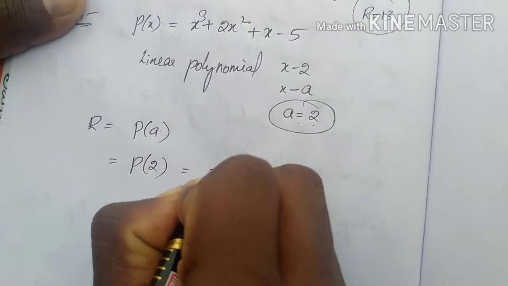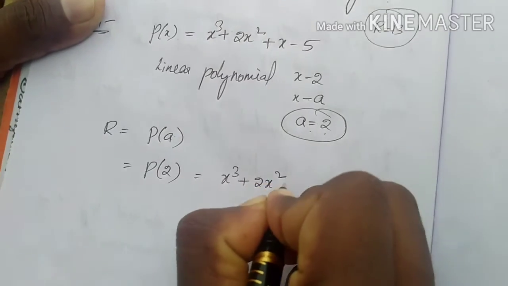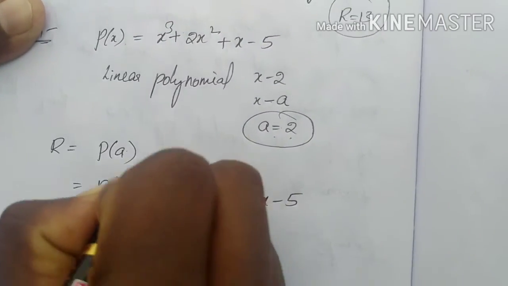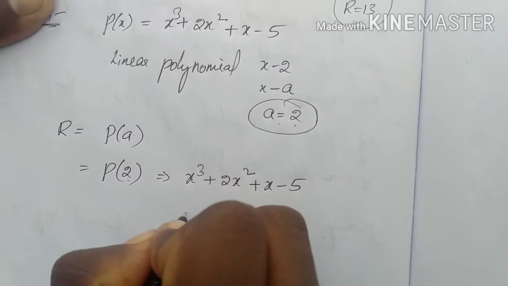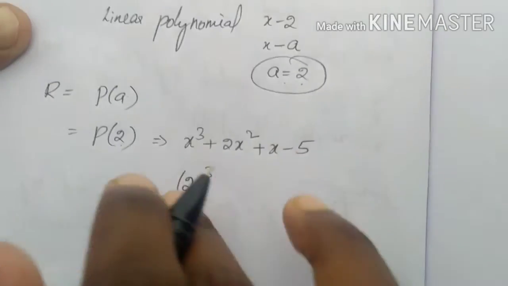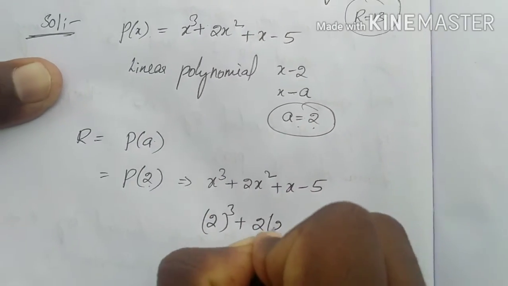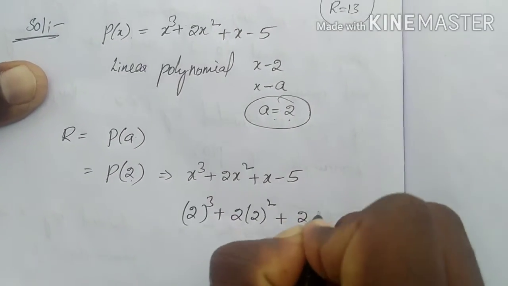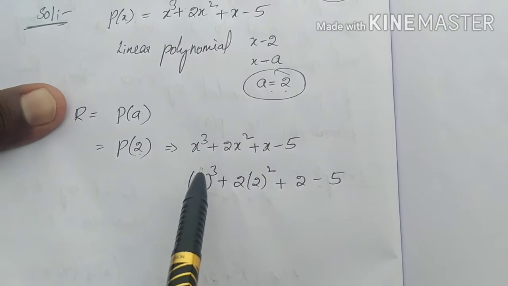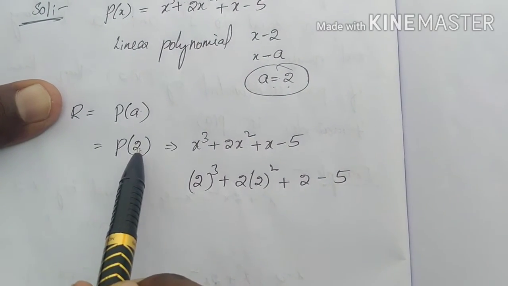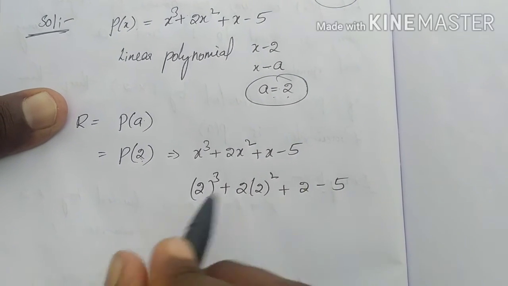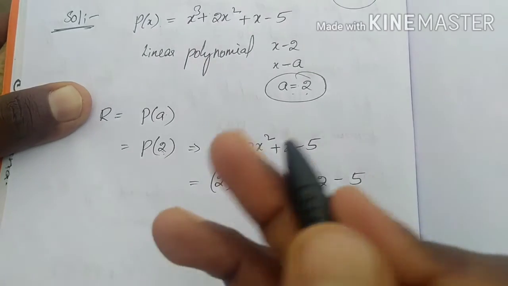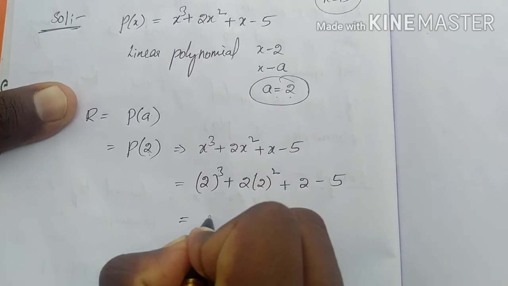We have the polynomial x cube plus 2x square plus x minus 5. Instead of x, we must substitute the value 2. That gives 2 cube plus 2 into 2 square plus 2 minus 5. 2 cube is 2 into 2 into 2, that is 8.